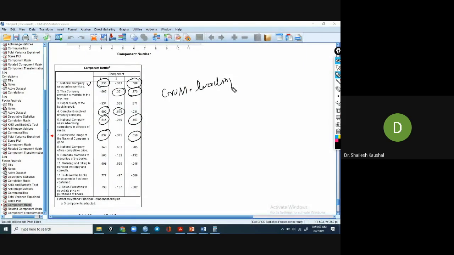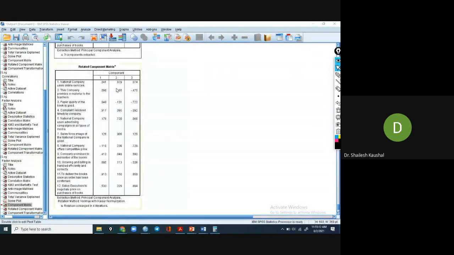Now how do we overcome this problem, how do we remove the cross loading? The method of removing the cross loading is the rotated matrix. Earlier, the variable was giving a high value here and a high value in this component, component 1 and component 2.